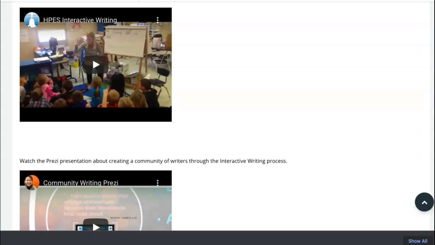They're attending to spaces, developing word-by-word matching, directional movement, and monitoring using sound to letter information. The goal of interactive writing is to shift control to the children to become independent writers.